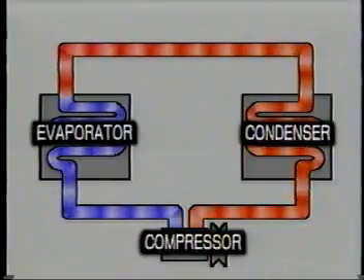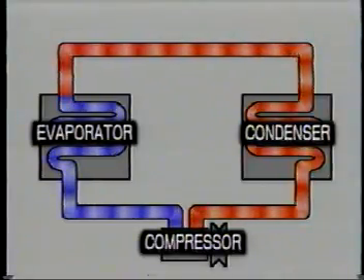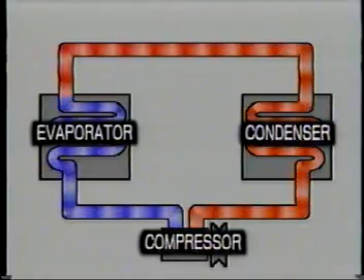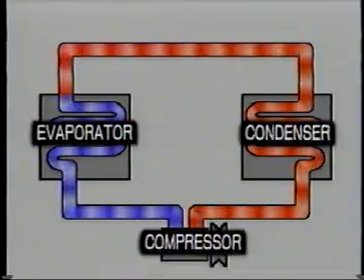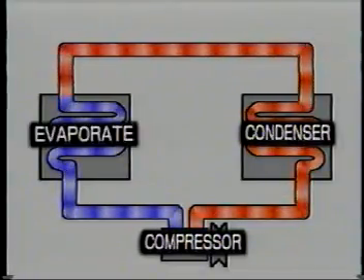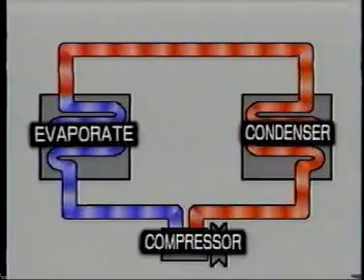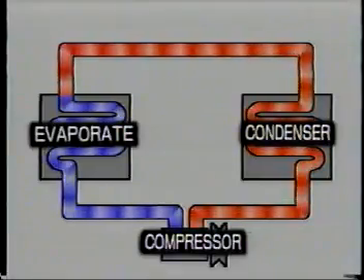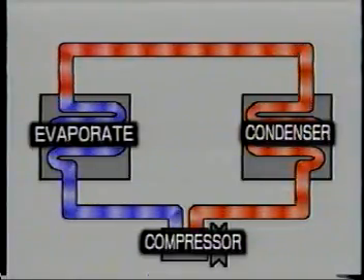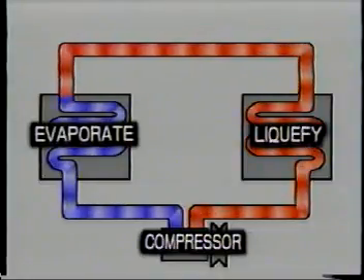Let's now study how the refrigerant works in a car air conditioner. Generally speaking, it takes heat from the air inside the passenger compartment as it evaporates in the evaporator, and it discharges the heat to the outside of the vehicle when it is liquefied by the condenser.